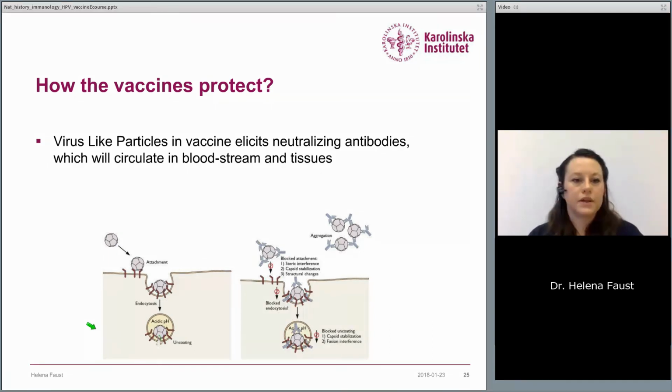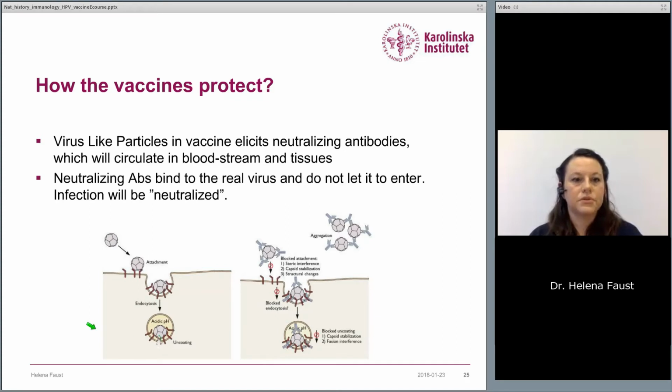So how do the vaccines protect, actually? First of all, virus-like particles in the vaccine elicit neutralizing antibodies, which then circulate in the bloodstream and tissues. What do those neutralizing antibodies do?